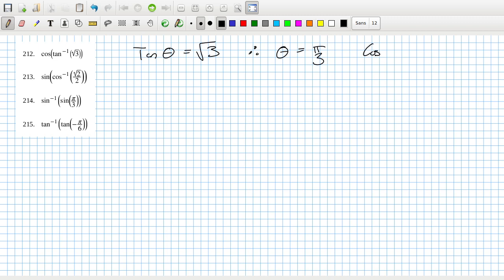And then we want cos pi over 3. So that's a half then. Okay. So this will be sine, and then that one, we've seen that one, haven't we? That's pi over 4, isn't it?